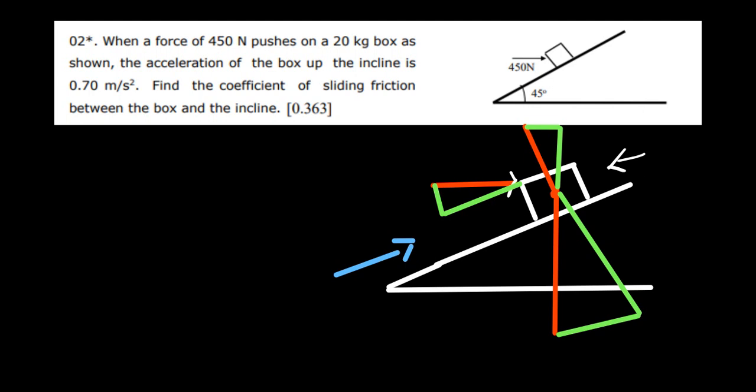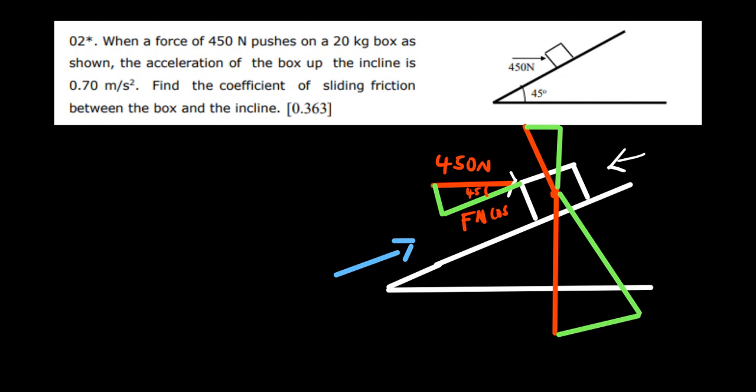So we said you are pushing this box at 450 newtons. Because this force is in the x direction, we're going to have Fn cos. Now we're going to have an angle. If this is 90, then this one will be 45 and the other one will be 45, right? So the angle that will be made as you are pushing will be 45.